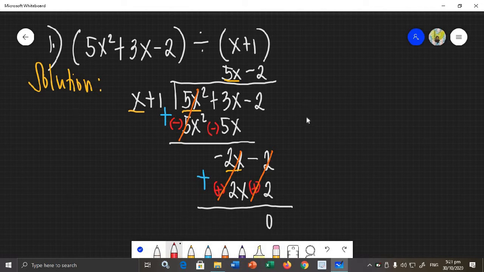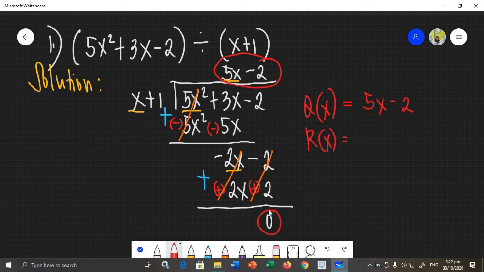Now, what is the value of our Q(x)? Ang Q(x) ay yung nasa taas. Yun yung quotient mo, di ba? So 5x minus 2. Ano naman yung R(x)? This will be your R(x), kung anong natirang expression sa baba, or number, or algebraic expression.